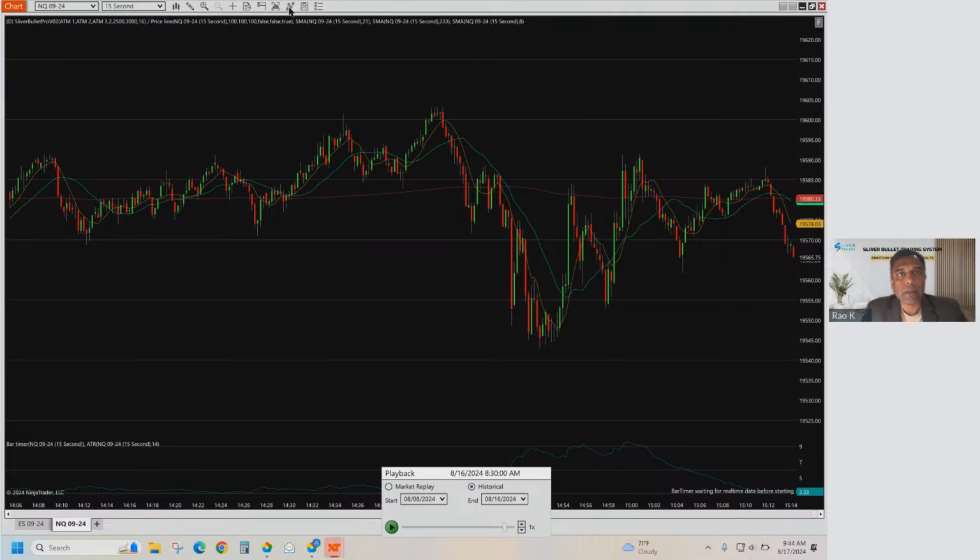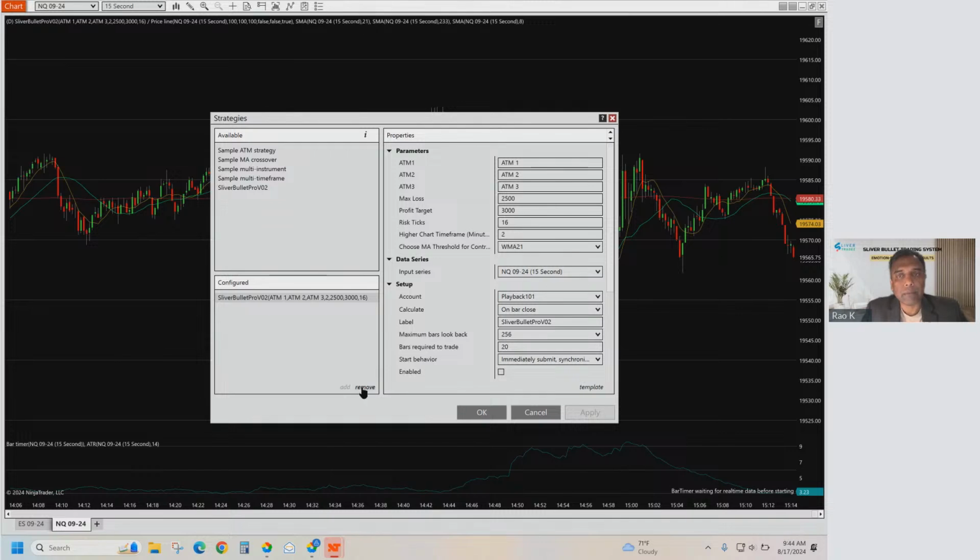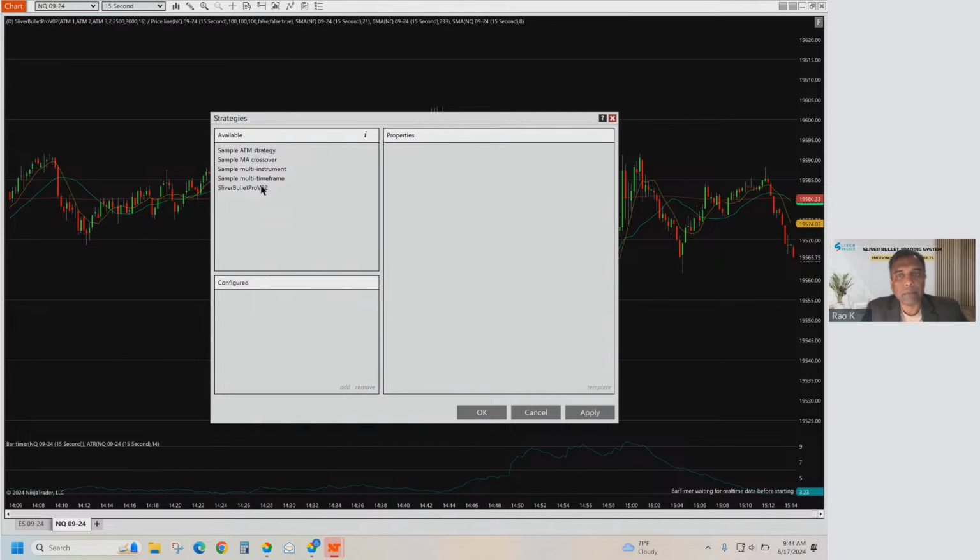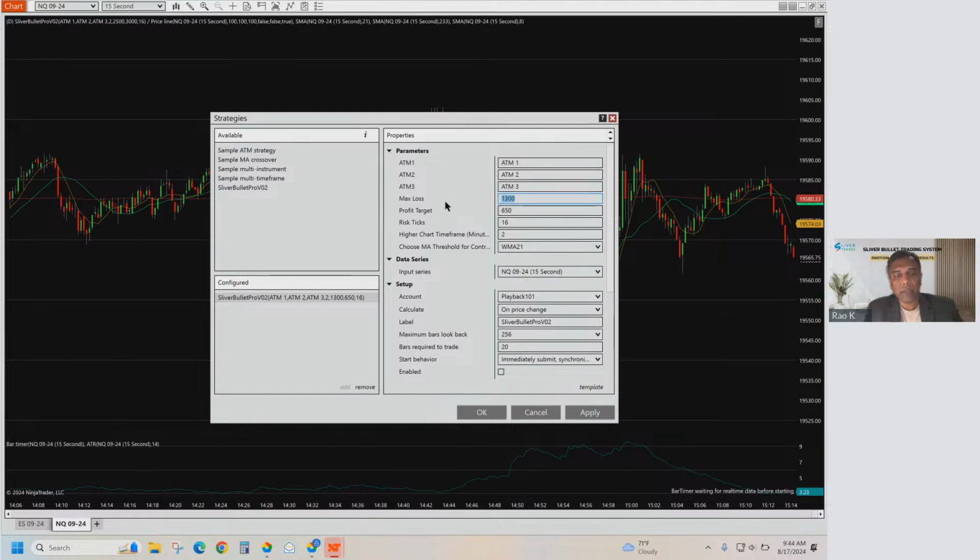So here I go to the strategies, load the software. This is Sliver Bullet Pro version 2, our latest and greatest one. And I'm going to use the loss parameters. You can update the loss parameters and profit targets.